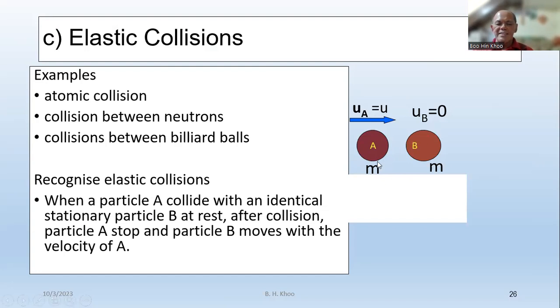They are the same mass, identical means same mass. And this one is stationary, UB is 0. So after collision, this one stops. This one moves with the velocity of A. That means this one transfers all the kinetic energy to this one, and then you stop.